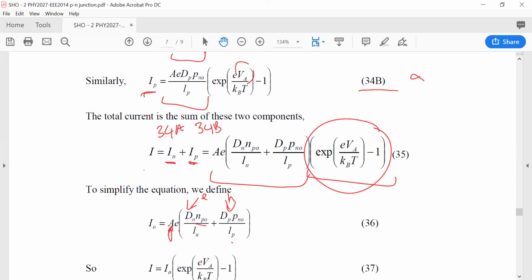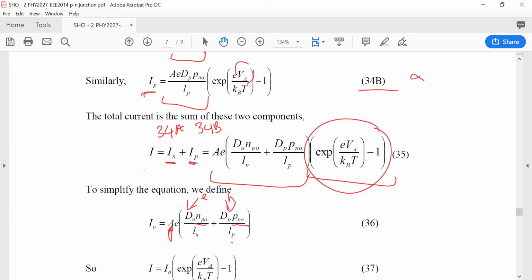And then you've got these values, np0 and pn0. Those are the equilibrium values for the electron and hole concentrations when they're the minority carriers. That's just determined by the doping concentrations, and again, you decide what the doping concentration is. So everything within I0 is really just a design parameter. And that's why it's a constant. You can determine what that's going to be.